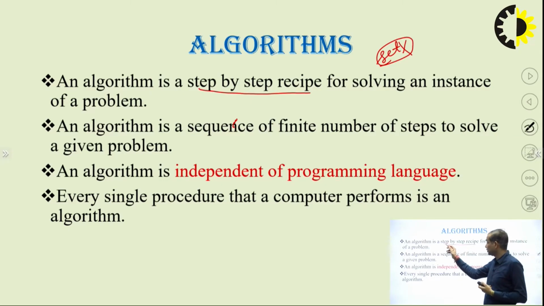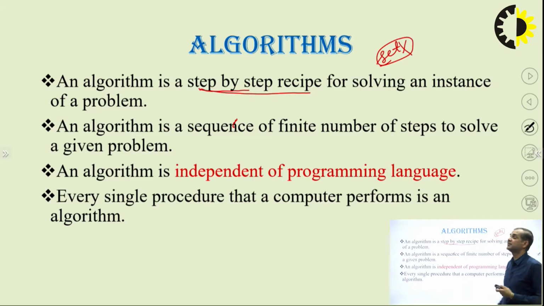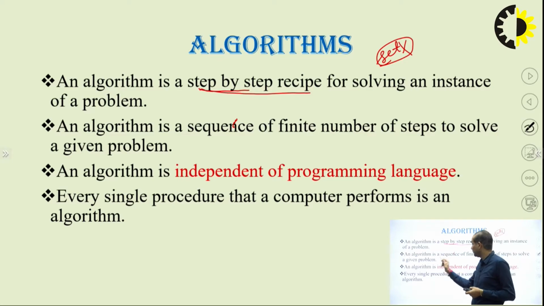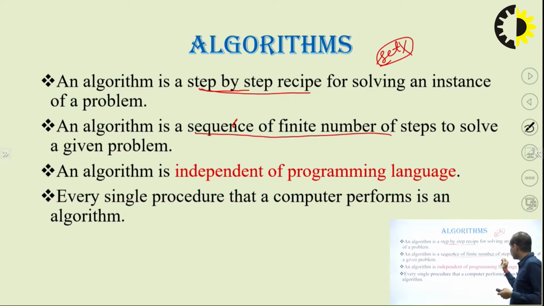So what is an algorithm? An algorithm is a step-by-step solution to solve a problem. And next, an algorithm is a sequence of a finite number of steps. When we talk about step-by-step, these number of steps are finite. It will not be infinite. Every problem must terminate after a finite number of steps.